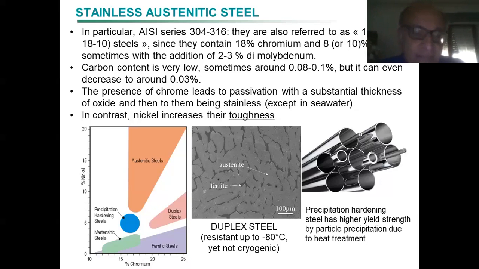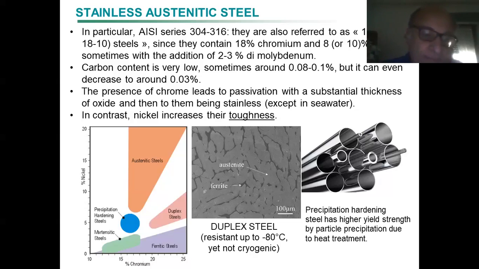When there is a substantial amount of chromium, you have austenitic steels. As always, also in this case, we consider a very limited amount of carbon. This graph was done considering 0.05 carbon, very, very little carbon. So carbon is almost negligible on this graph.